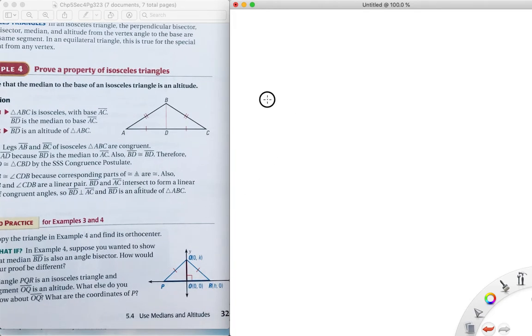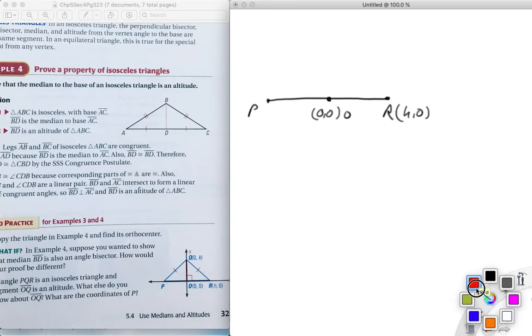So if I was just to write this down here, this is the origin, this is Ara, and this is P. Well, I know that the distance from here to here is H. So the distance from here to here is also H, but it's going in a negative direction.